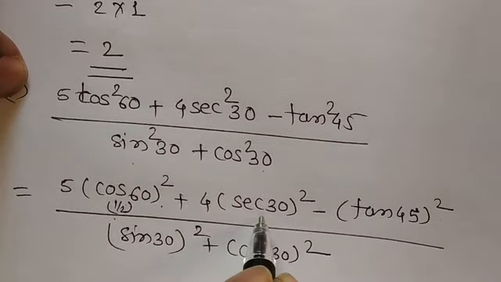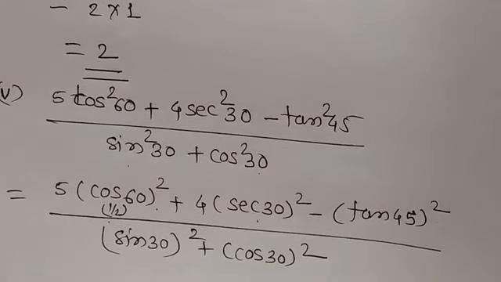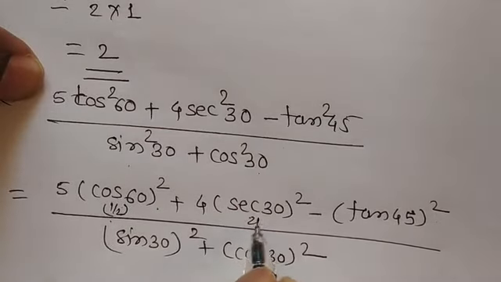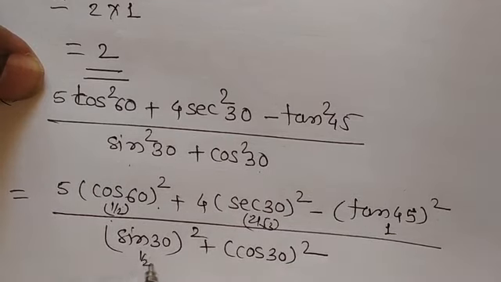Then sec 30. The value of sec 30 is simply 2 by root 3. Then tan 45 is 1. Sin 30 is simply 1 by 2 and cos 30 is root 3 by 2. You can put it this way.